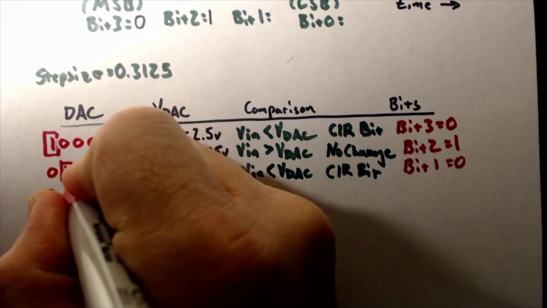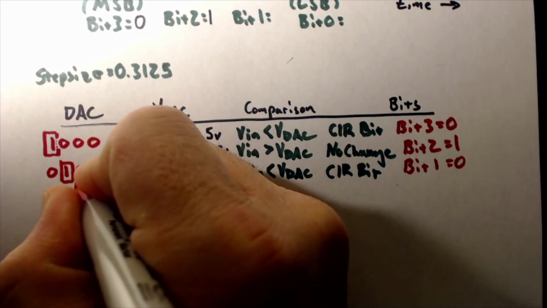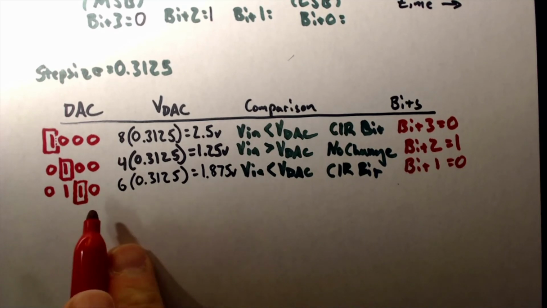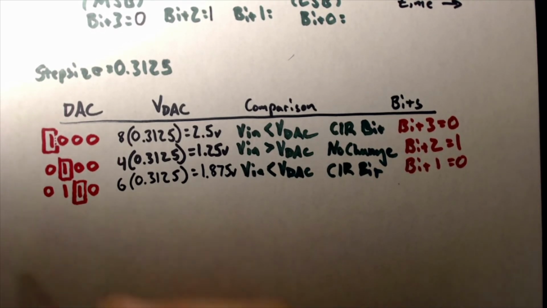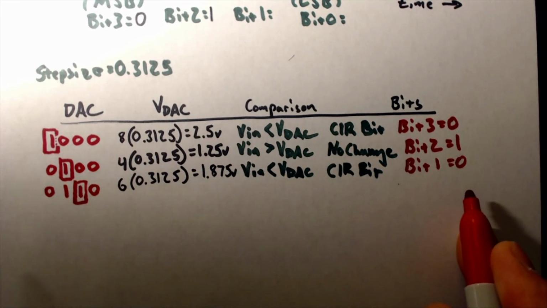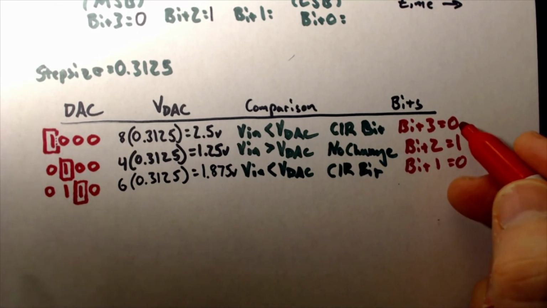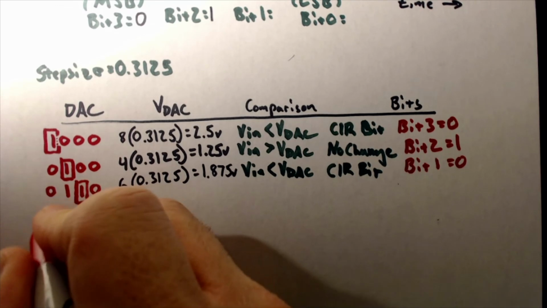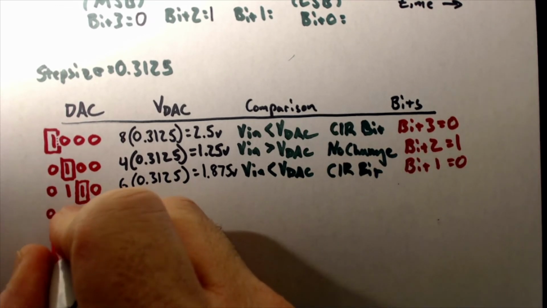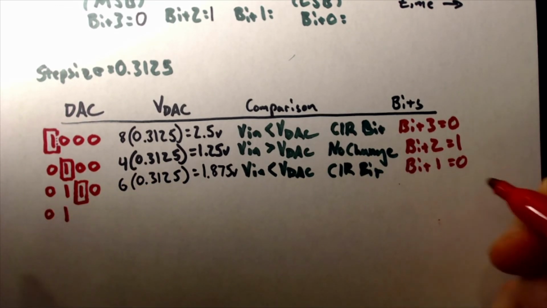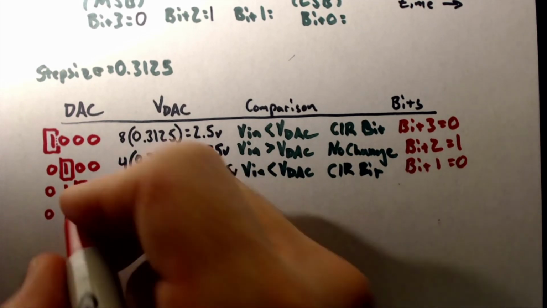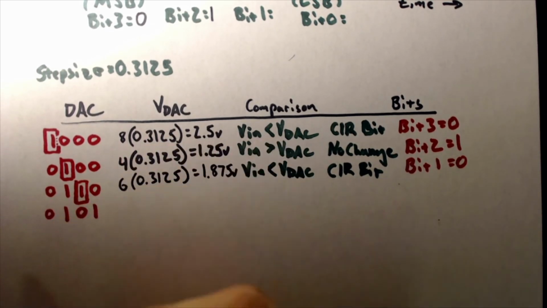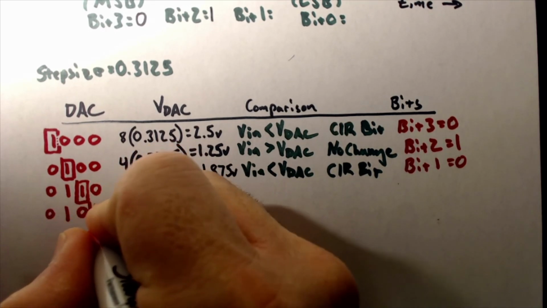Okay. Now let's go ahead and find our least significant bit. Now notice bit 3 is 0, bit 2 is 1, bit 1 is 0 because it got cleared. And now we set that least significant bit because that's the bit we're looking for.